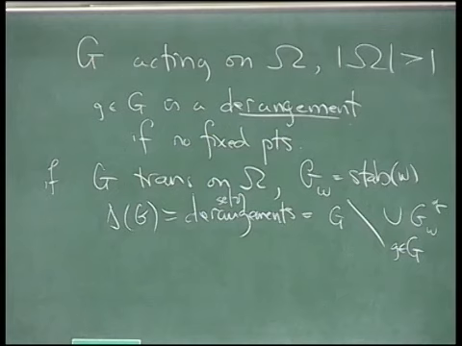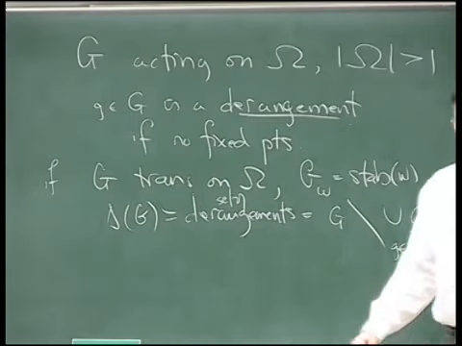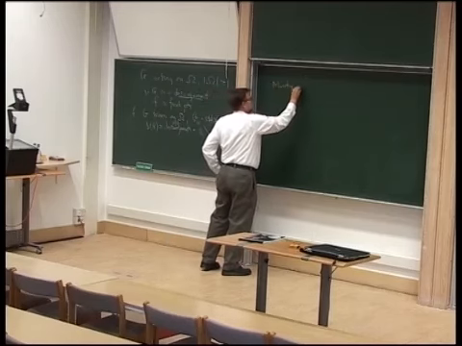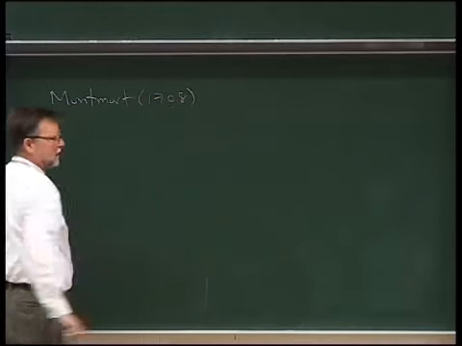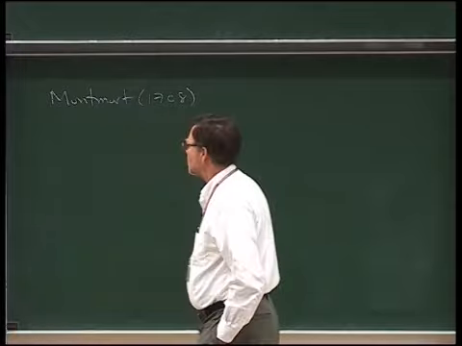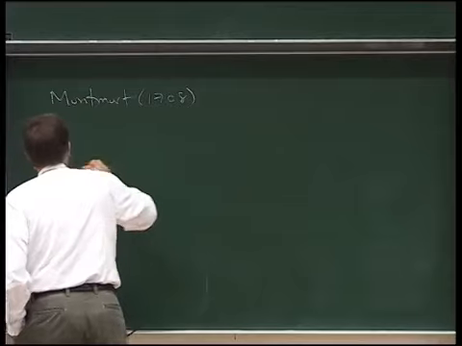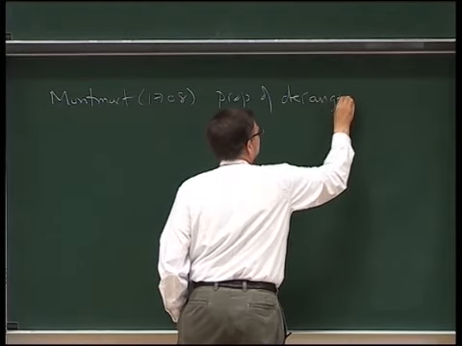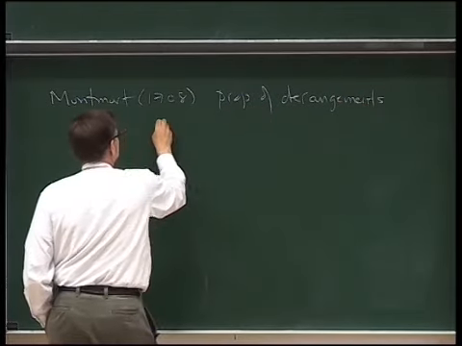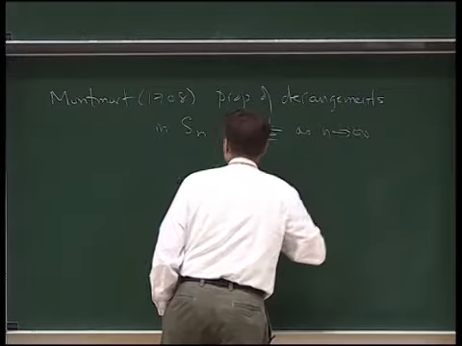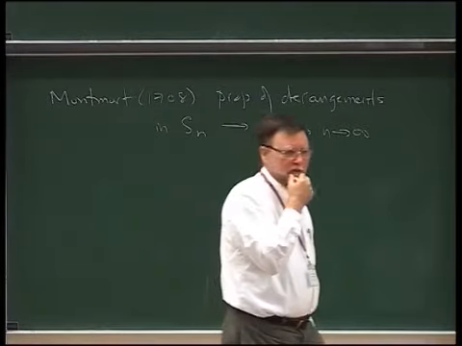One of the oldest theorems in group theory, before groups were around, is the theorem of Montmort, approximately 1708, which says that if you take S_n acting on its natural representation, then the proportion of derangements in S_n goes to 1 over e as n goes to infinity. It's an easy inclusion-exclusion argument.